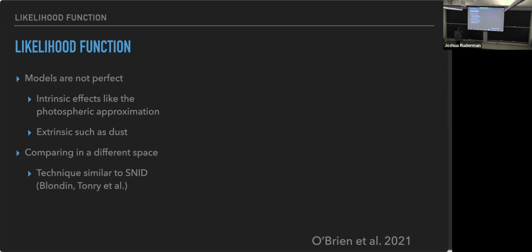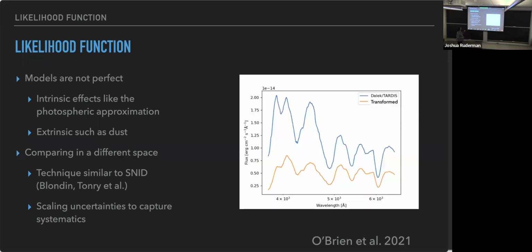We used a technique similar to SNID, which removes the continuum, and then we compared so it would emphasize the lines. We scale the uncertainties to also capture systematics. A lot of this was Jack's work. You can see the traditional spectrum, and then the transformed spectrum, and we compared both observed as well as synthetic in that space.